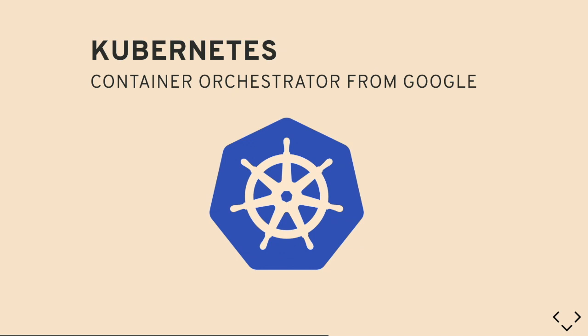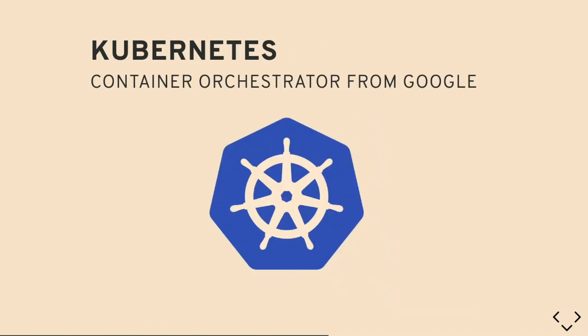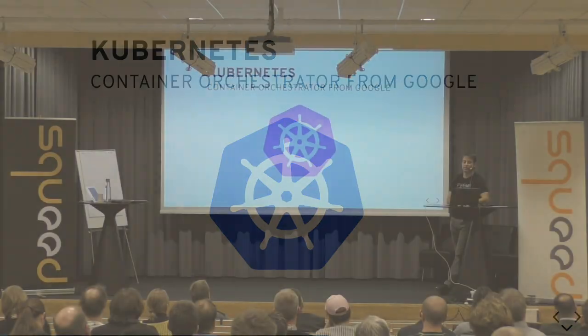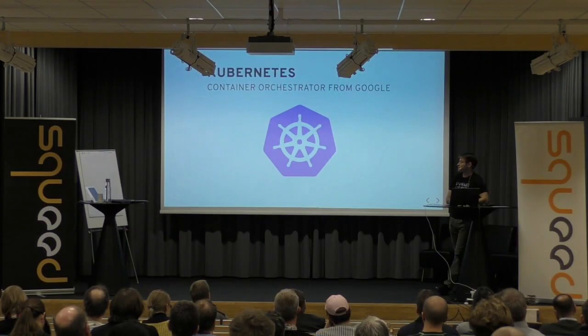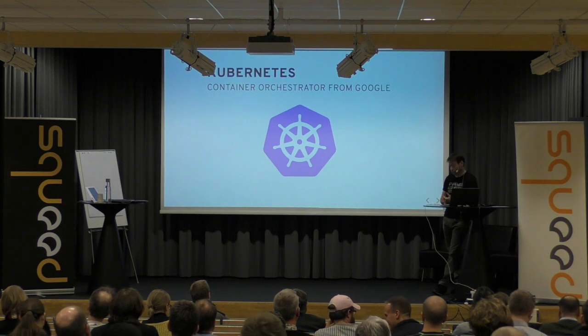Kubernetes. So a lot of these things, rolling deployments, service discovery, config changes, that's where container orchestrators come in. And the gold standard here is Kubernetes. There's just no denying it anymore. There are others. When the whole market started, there was Docker Swarm, or there is still Docker Swarm.